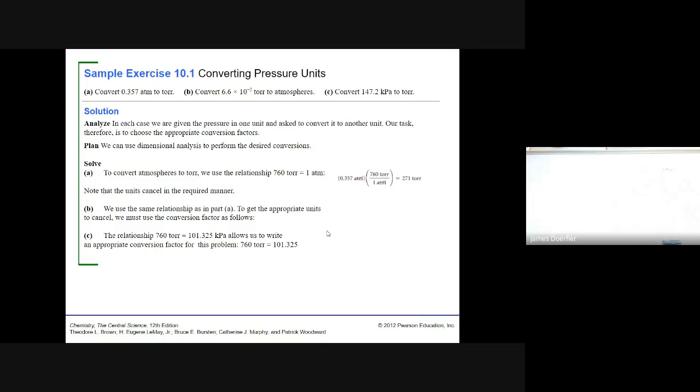And so if I want to go from atmospheres to torr, I go to the previous slide, where I have 1 atmosphere is equal to 760 torr. Who goes where here? Where does torr go? Where does atmosphere go, if I need to have torr in my answer? Torr goes on top. Very good.